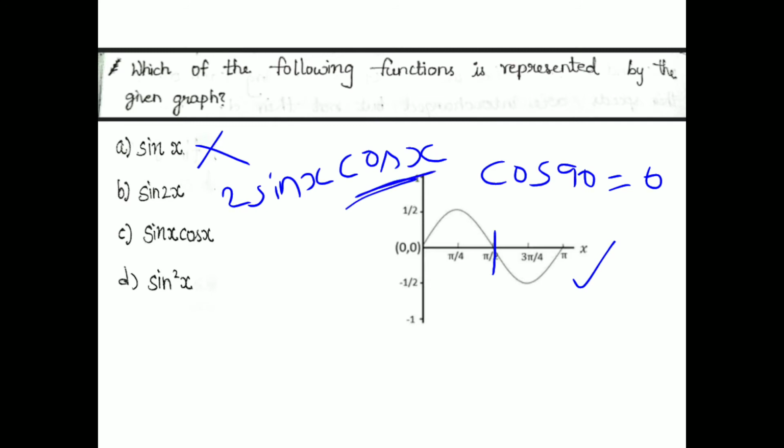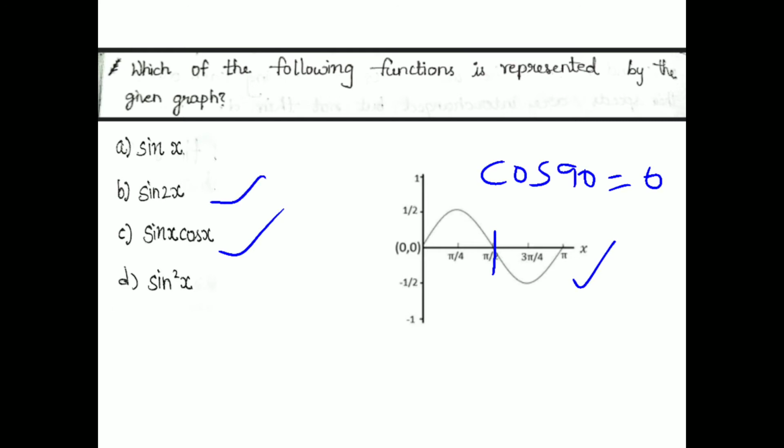Here we can find cos x, so it could be B. And in option C we can see sin x into cos x, which is just half of this. If we double sin x cos x, we would get sin 2x. So B and C could be the options, and sin square x has no cos x in it. So finally we can say that this graph could be of sin 2x or sin x cos x.